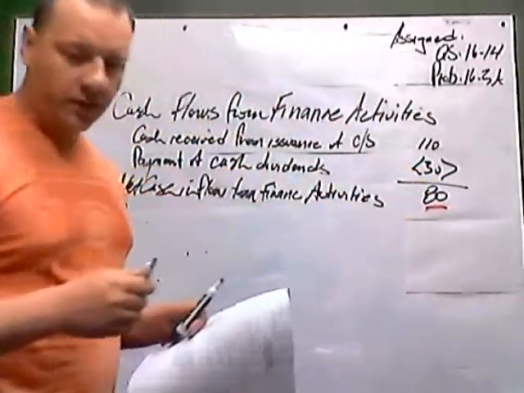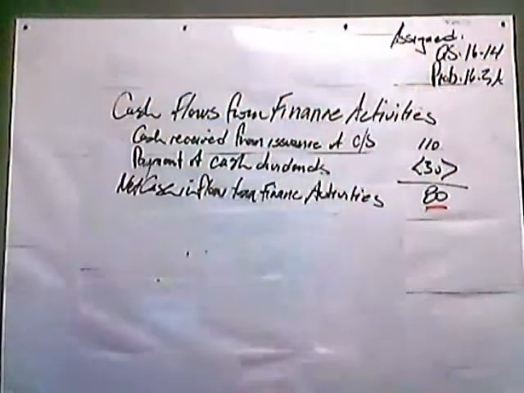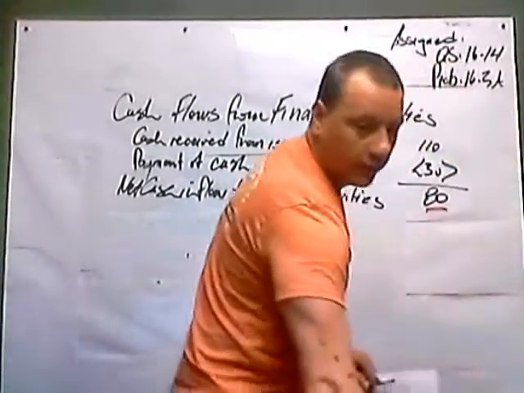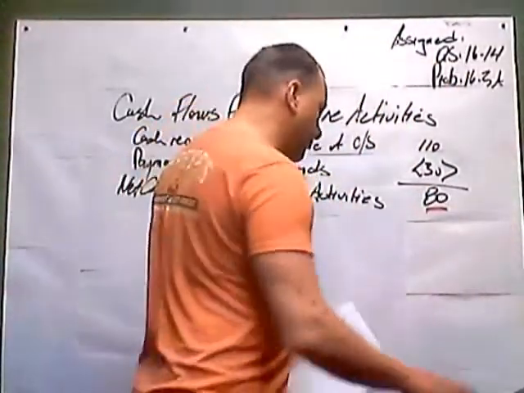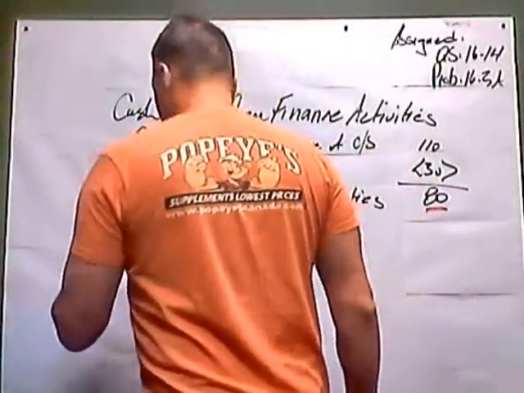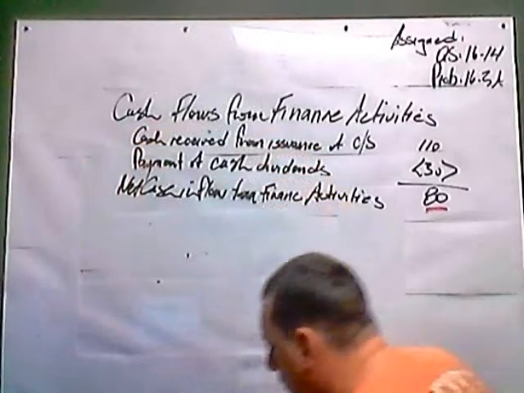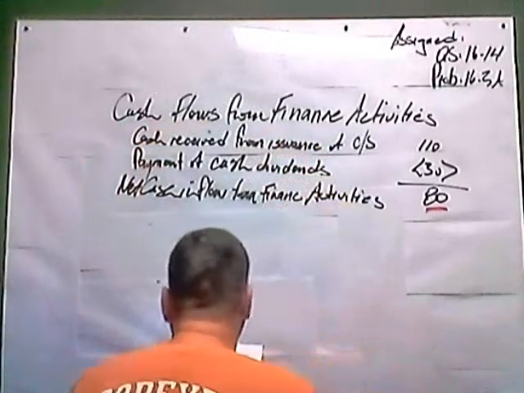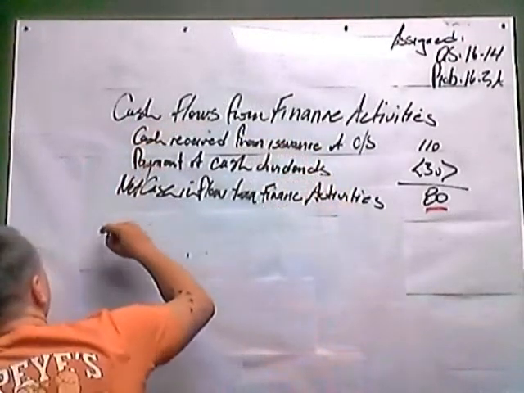Now we also have two other numbers that are very important, and we've taken these numbers from the question that we've done over the past week or so. Remember, it was a net cash outflow from operating activities.